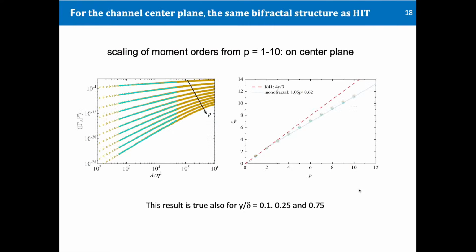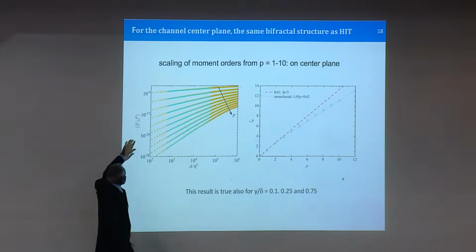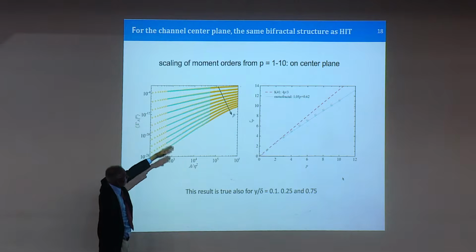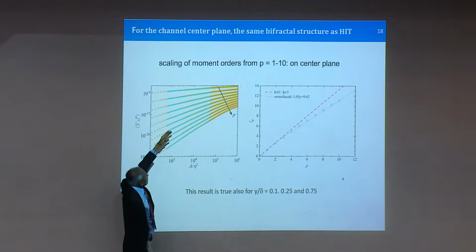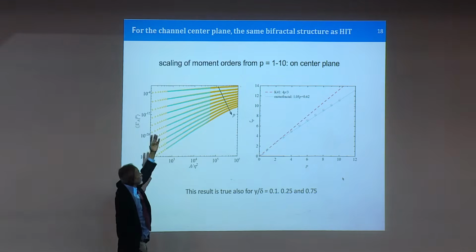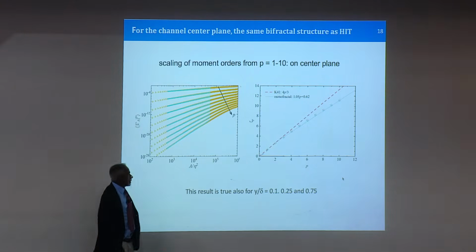Now let us see what you find for other moments. I looked at the probability density, but I want to look at the moments in particular. So these are all moments of order p, where p varies from one curve to another, and it increases. You go down like this from p equals 1 to 10. Okay, so that's what you find.